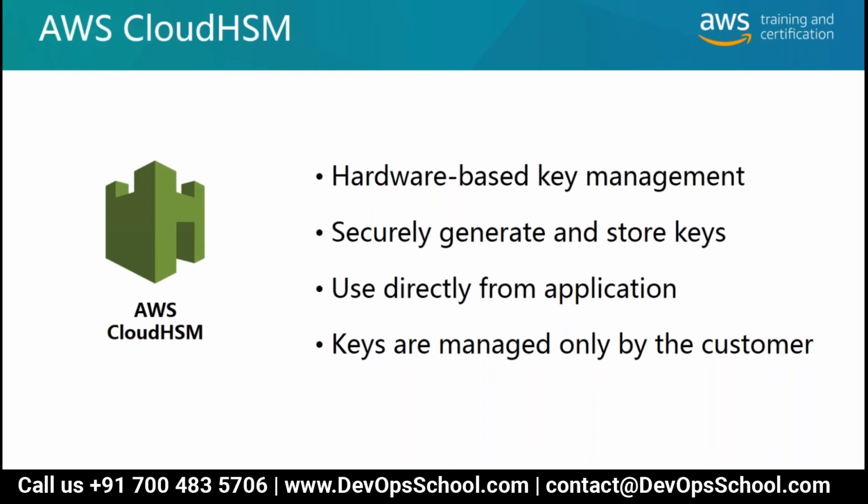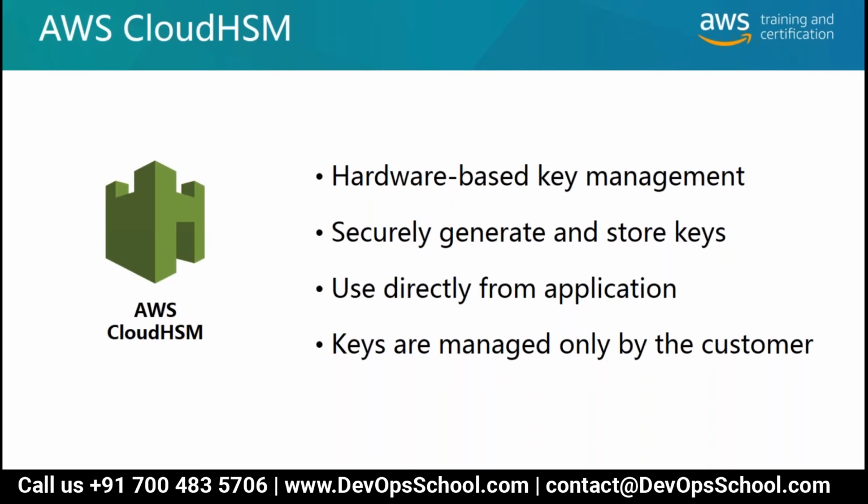Now, this is used in companies where you have to meet corporate compliance, or you have a regulatory compliance to meet for data security by an external party. If you have that sort of requirement, you might want to use a dedicated hardware security module appliance within the AWS Cloud. A hardware security module is a hardware appliance that provides key storage and cryptographic operations on a tamper-resistant hardware device.